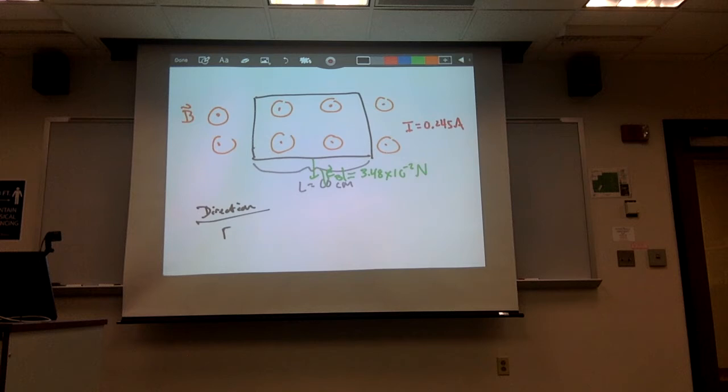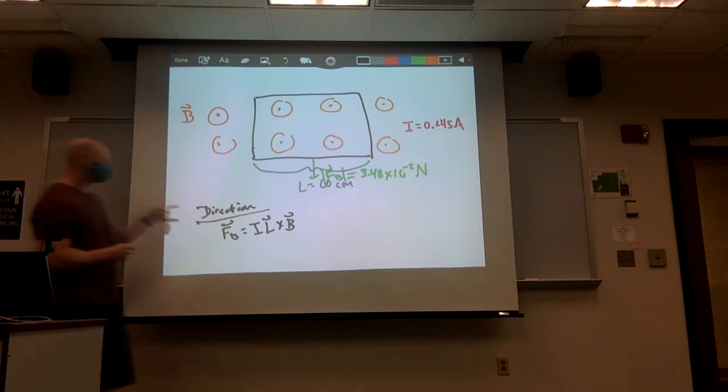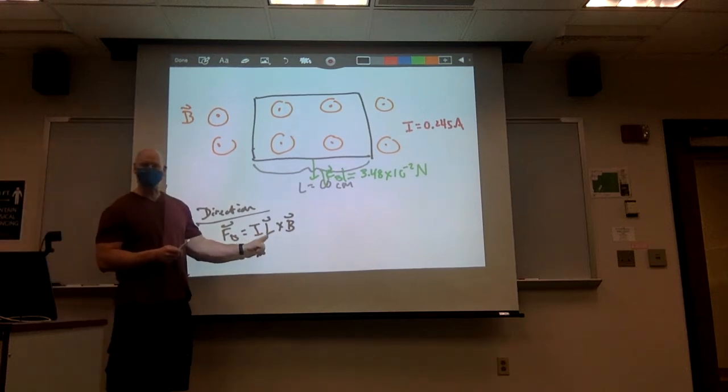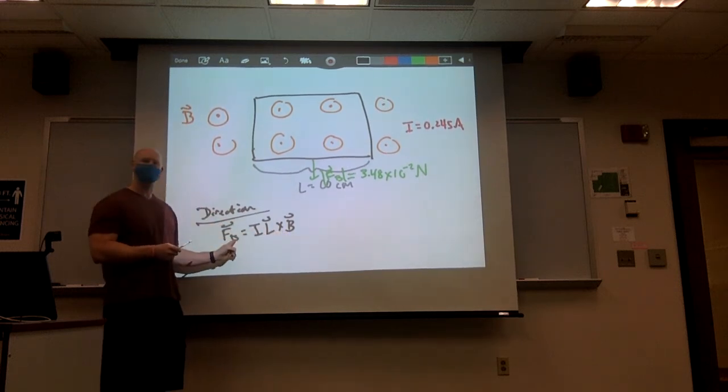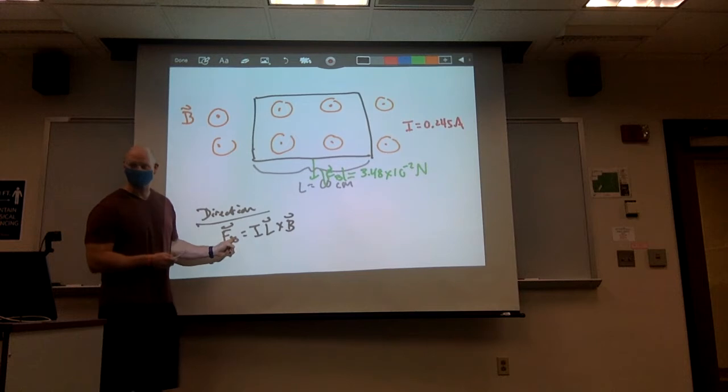Just a reminder, we know that the magnetic force is equal to the current times the length, crossed then by the external magnetic field. Typically, the way we work this, as we talked about yesterday, is we point our fingers in the direction of the first vector, which in this case is the direction of the current, then curl towards the external magnetic field to get our thumb to point in the direction of the force.